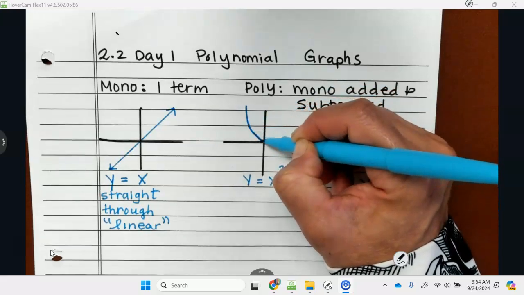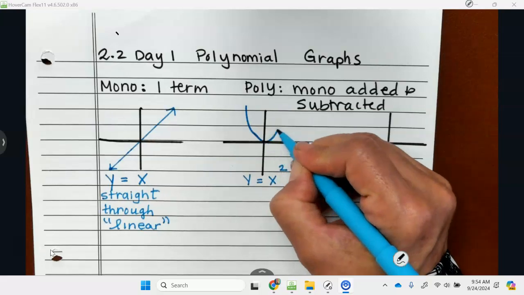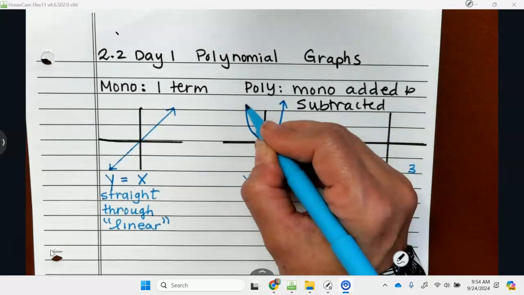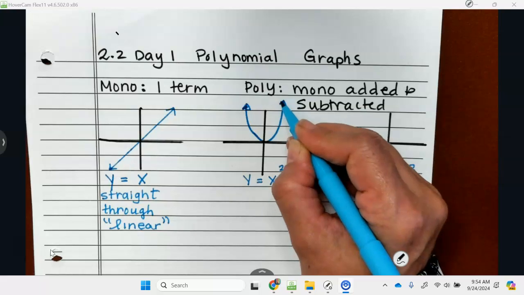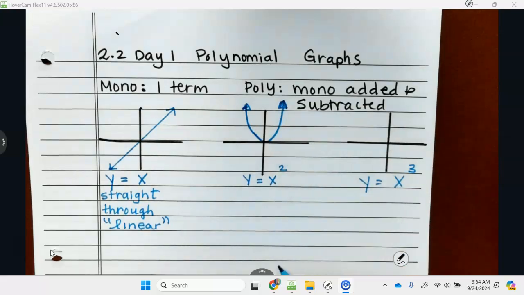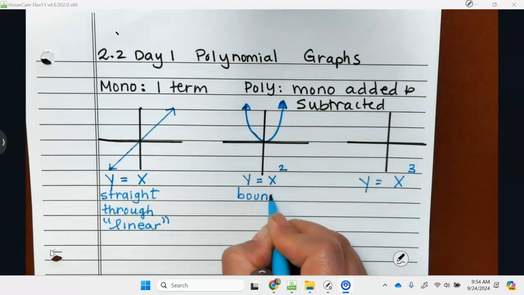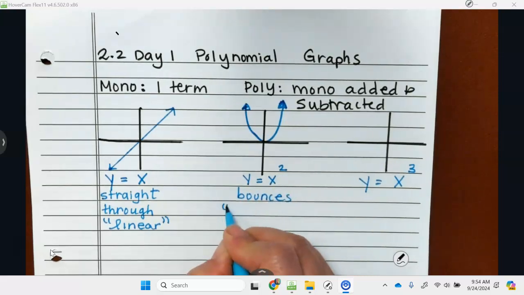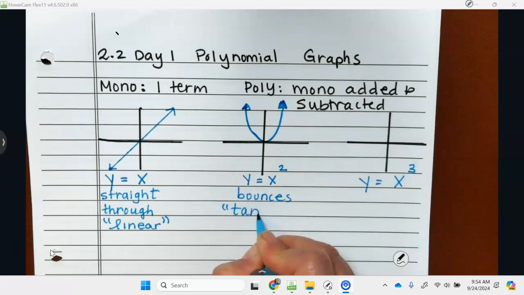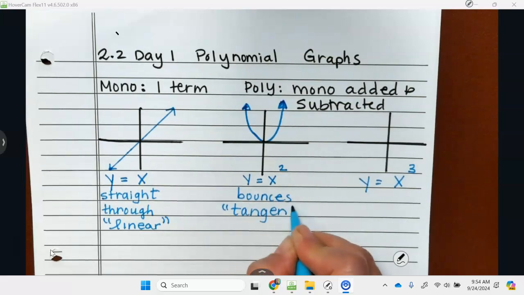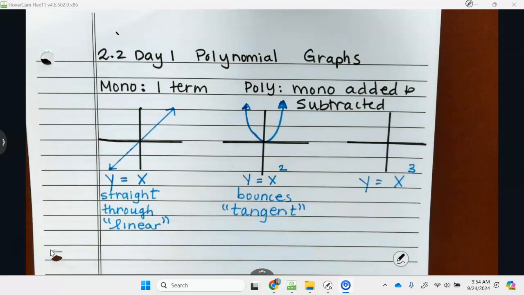Once it touches that x-axis, it bounces off and goes back in the direction it came from. So it's not straight through, it bounces. But y'all, that's called tangent. It's tangent to the x-axis. It bounces off it at one point.